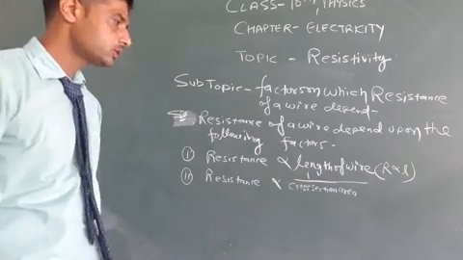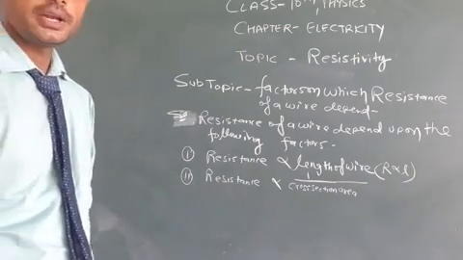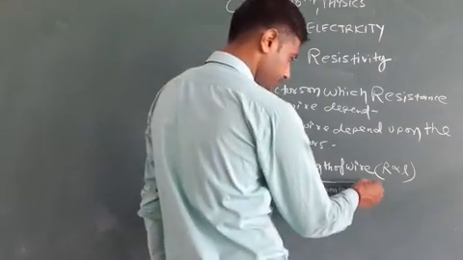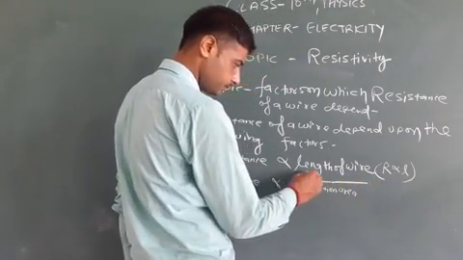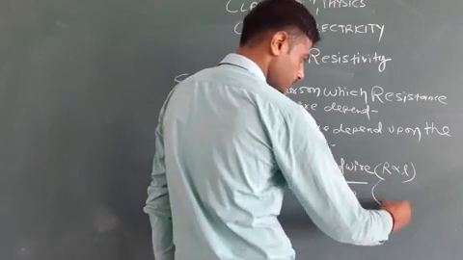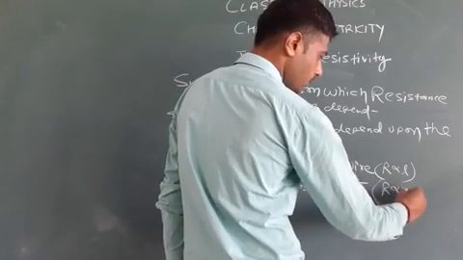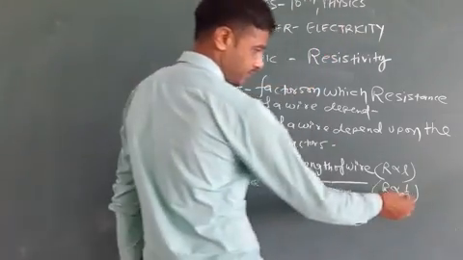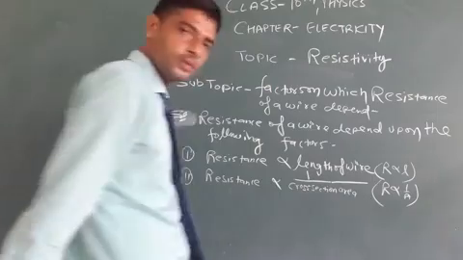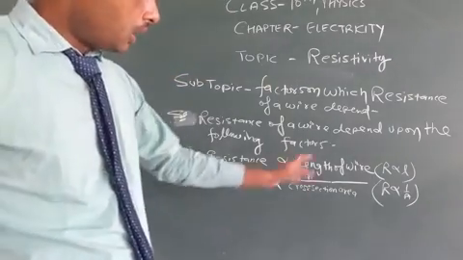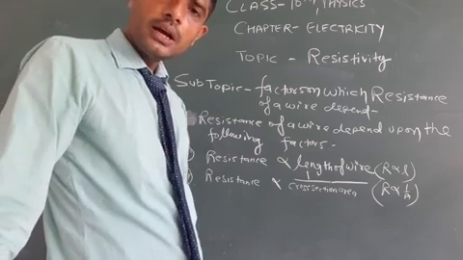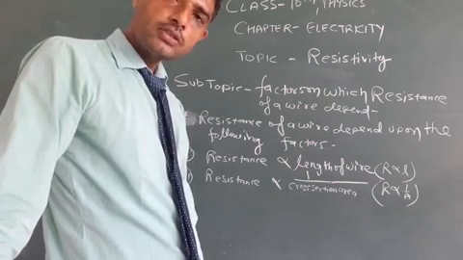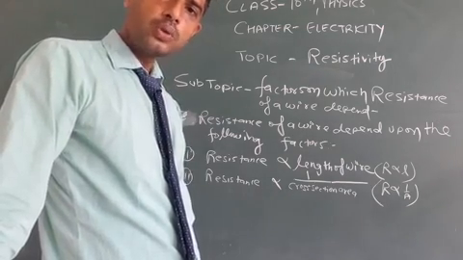Inversely proportional to the cross section area. It means R is proportional to 1 upon A. R is directly proportional to length and R is inversely proportional to the cross section area.